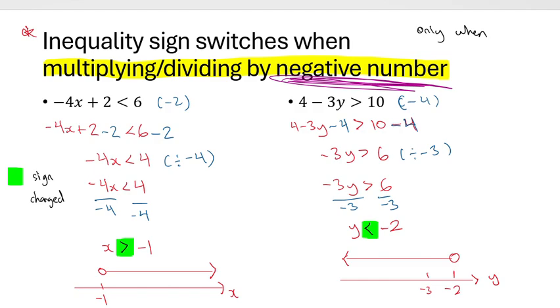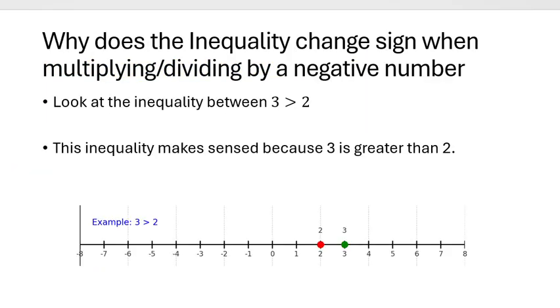So we know negative 3 is less than negative 2. So yeah, it works out. Okay. So you got to be careful sometimes.